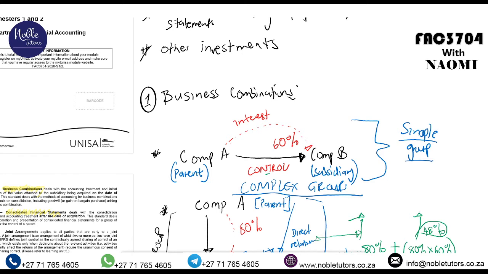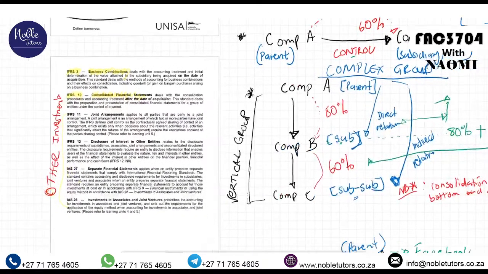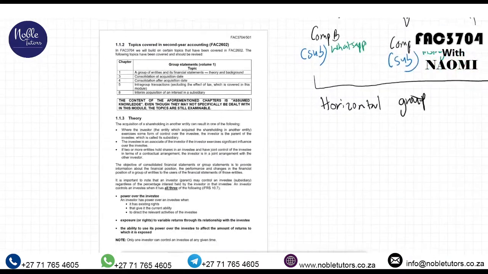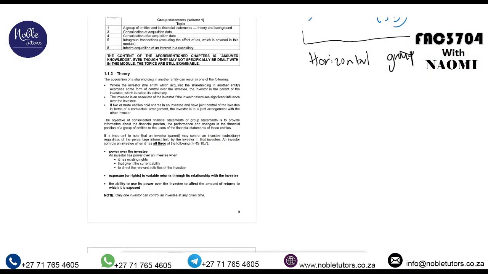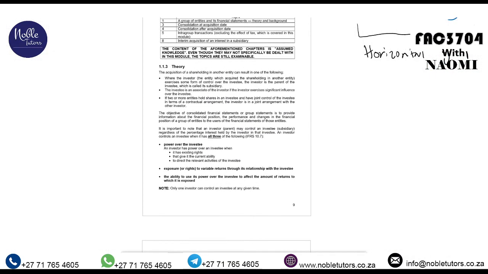There are many reasons that can give you control, and I want to take you through them. This one is in your study guide, page 9. It talks about the elements that one company needs to have control over another company. There are three elements. You need to have power over the investee.